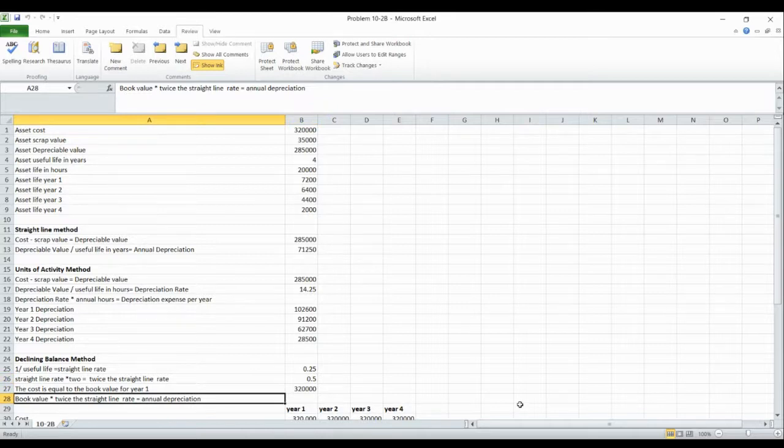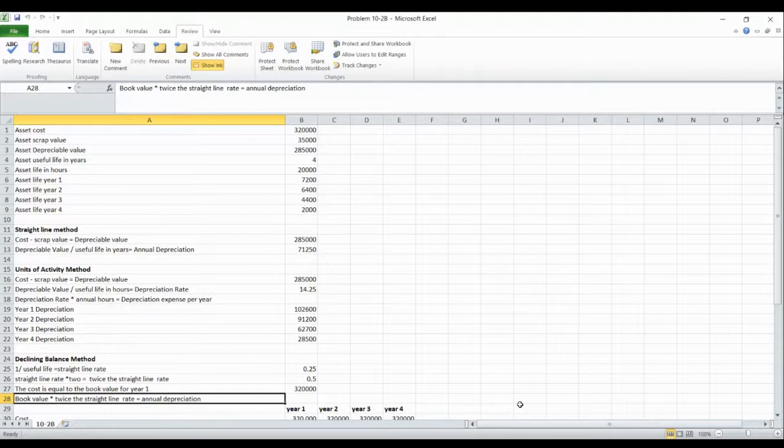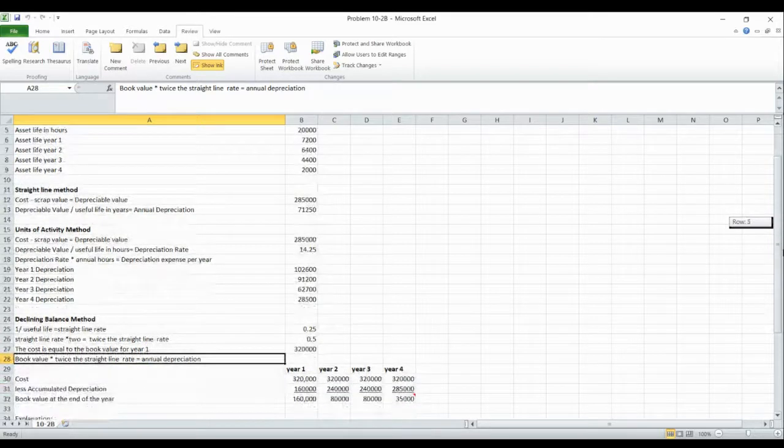You'll remember from Accounting 120 that the book value is determined by taking the cost of the asset and subtracting the accumulated depreciation from it. That's how we get book value. The book value times twice the straight line rate will yield the annual amount of depreciation for that particular asset.